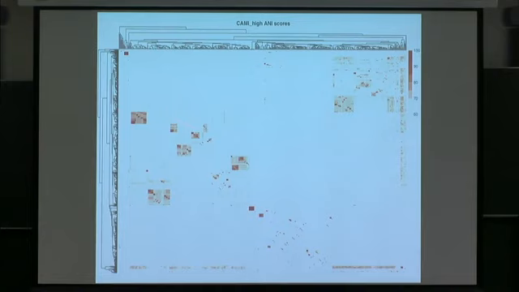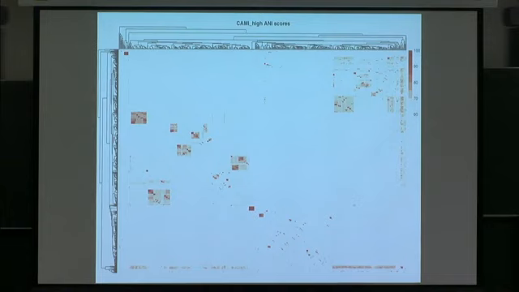What you see are the genomes here. This is a matrix of all the genomes in the high complexity data set. And the color is the ANI, the average nucleotide identity. What you see are these boxes here. These are basically the evolved genomes, right? So there is one real genome, and then we evolved, in this case, maybe 10 genomes out of this real genome, and they cluster nicely, right?